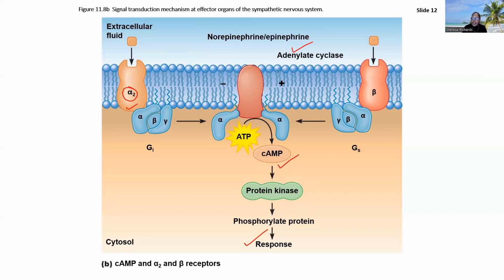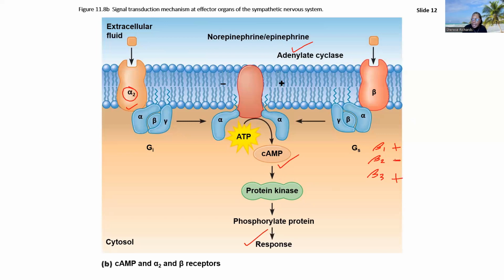Okay, the other piece that I want to distinguish here, and again, this is where this becomes a little bit of a confusing concept, is that we have beta-1 receptors, right? We have beta-1, beta-2, beta-3 on this side. Beta-1 and beta-3 are going to be excitatory in their effects on their tissue.